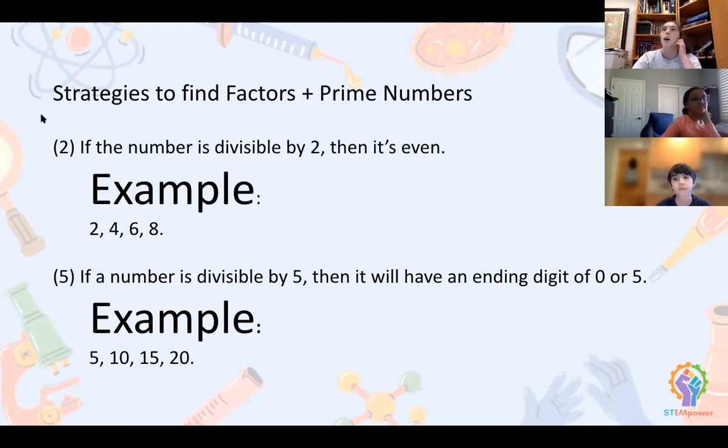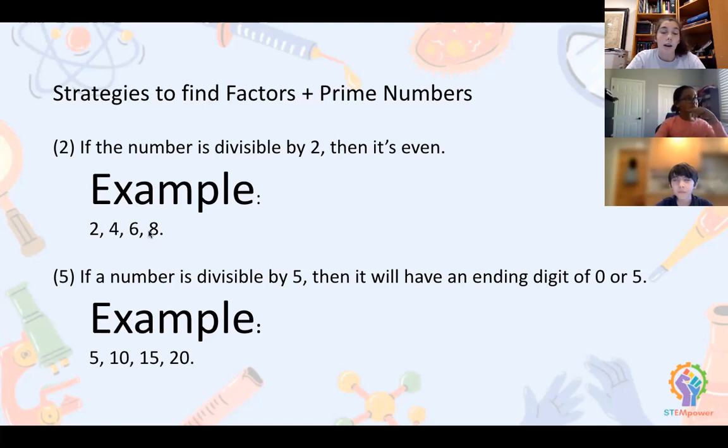So for example, 2 is divisible by 2 and 1, but that's a little bit of a strange case. 4, for example, is divisible by 1 and 2, because 2 times 2 is 4. And 6, you can divide by 2 to get 3.